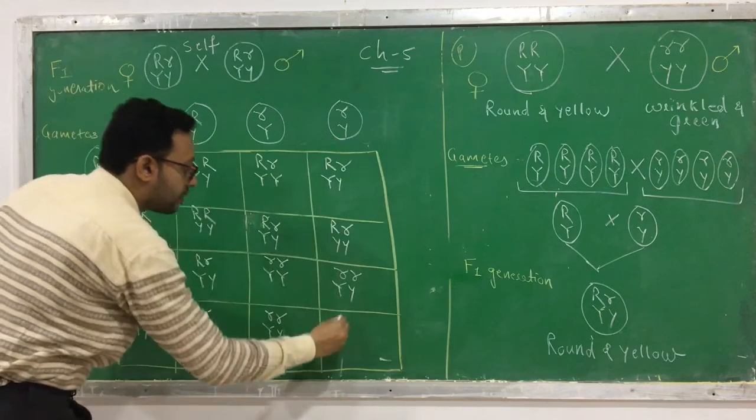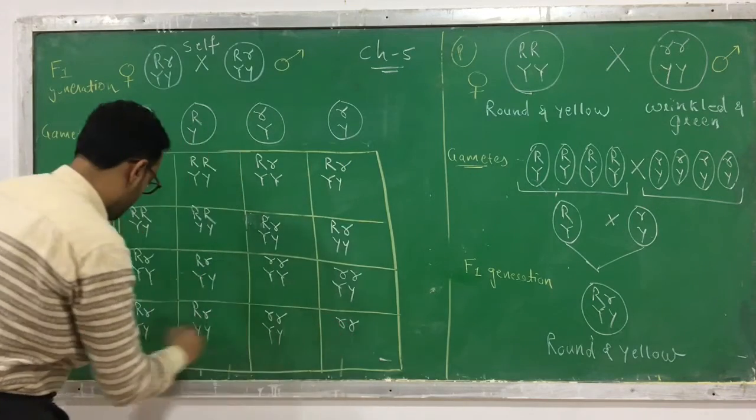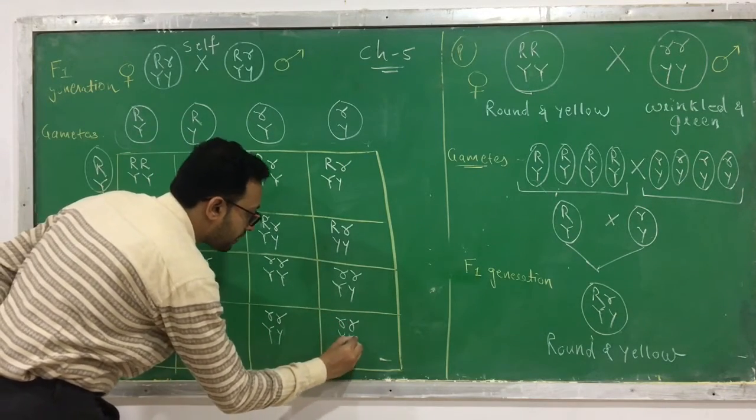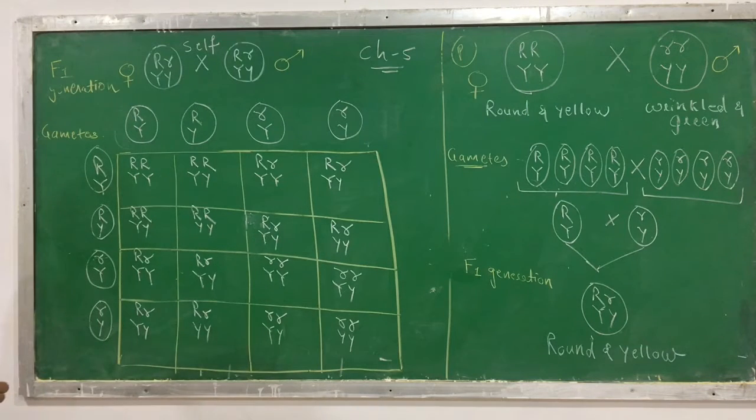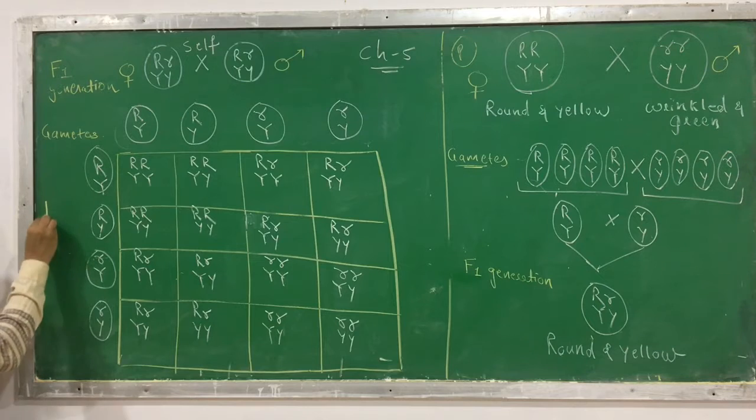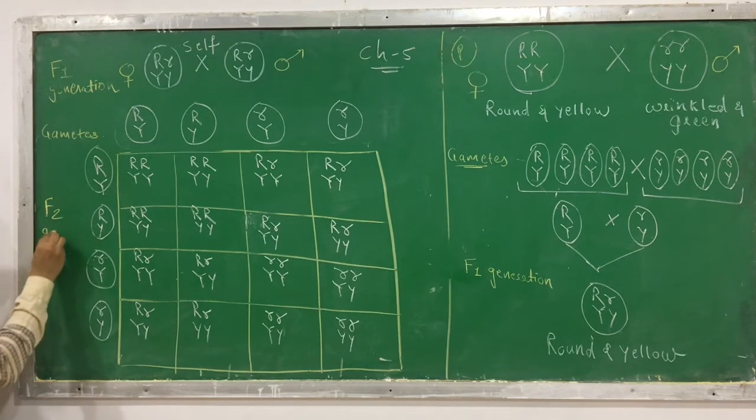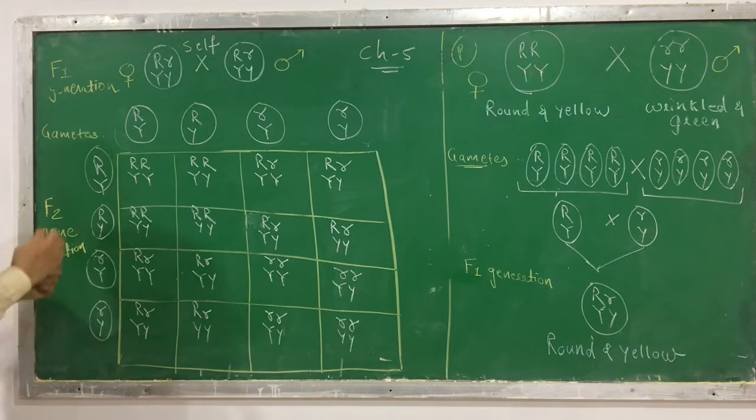Small r, small y, small y. Okay, and thus you can get the 16 possibilities in the next generation, and this generation is the F2 generation. Okay, so this is the F2 generation you can obtain.